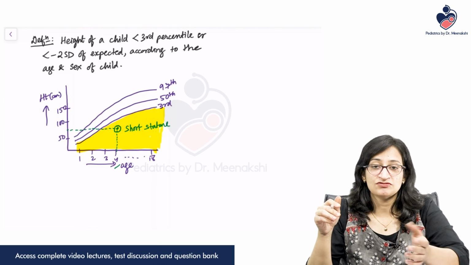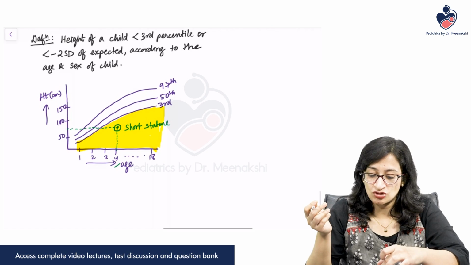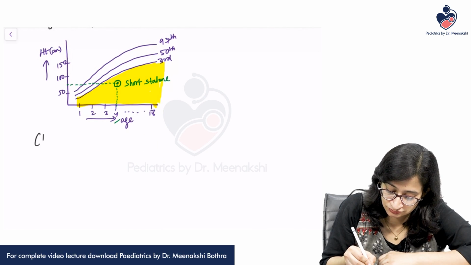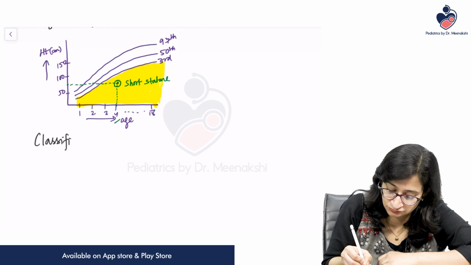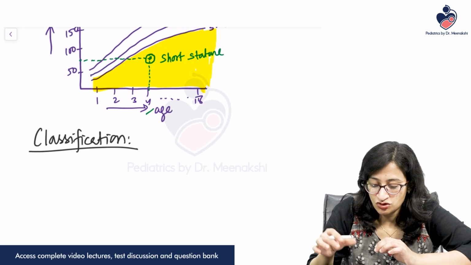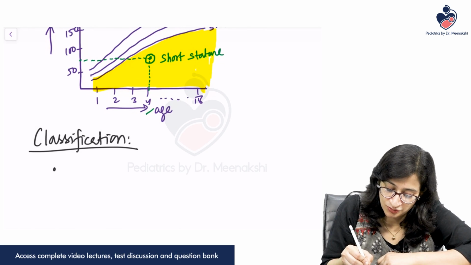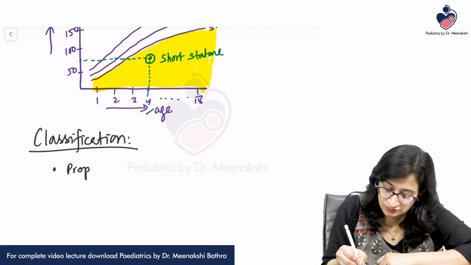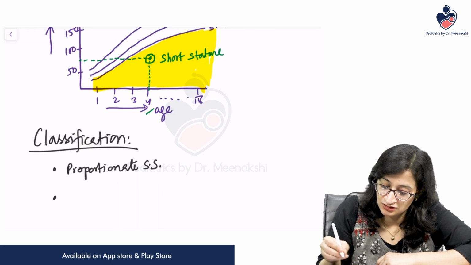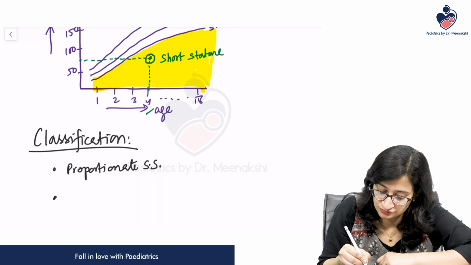Now coming to the classification, what are the important types of short stature? There are two important types of short stature. They are proportionate short stature, and disproportionate short stature.